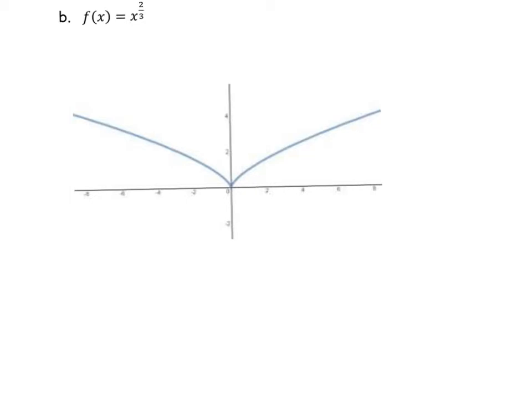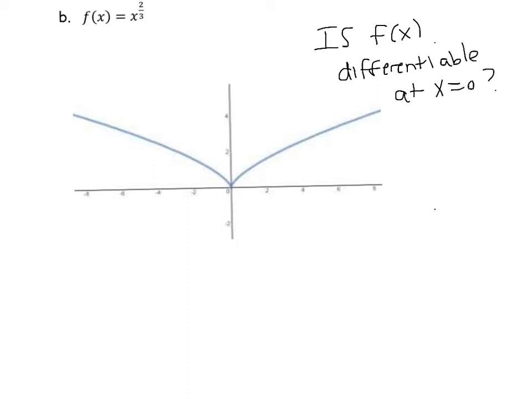All right, so yet another example. This time we have f of x equals x to the 2/3. So we ask the same question, is f of x differentiable at x equals 0?